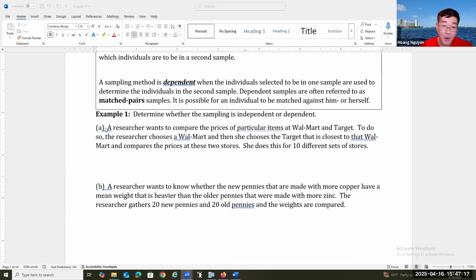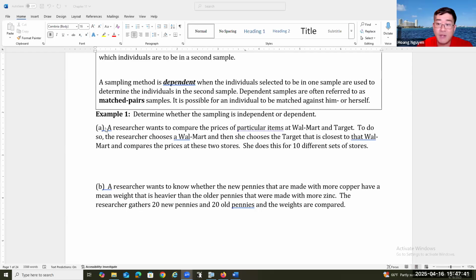For question A, let's take a look at this scenario. A researcher wants to compare the price of some particular item at Walmart and Target. In order to do so, the researcher chooses a Walmart, and then she chooses the Target that's closest to that Walmart, and compares the prices at those two different stores.